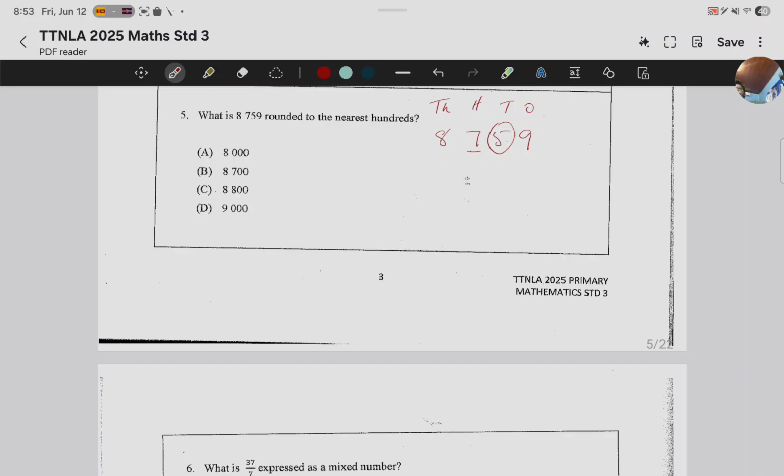If the number is greater than or equal to 5, we add 1 to the hundreds position. So now we know that 5 is equal to 5, therefore we add 1 to the hundreds position. So this becomes 8. The thousands value remains the same. The hundreds digit changed to an 8, and all the numbers on the right hand side will be replaced with 0. So we got 8,800. C.